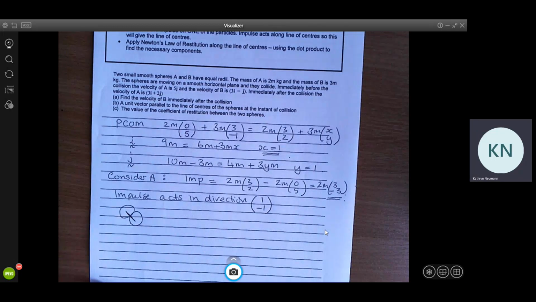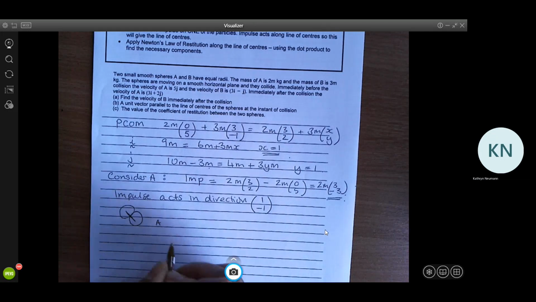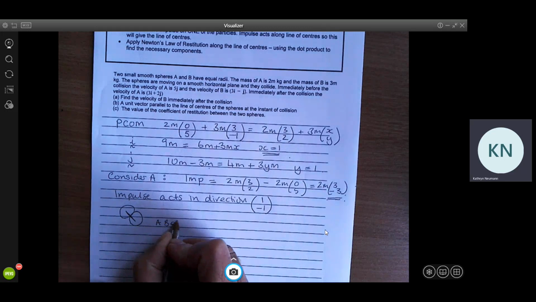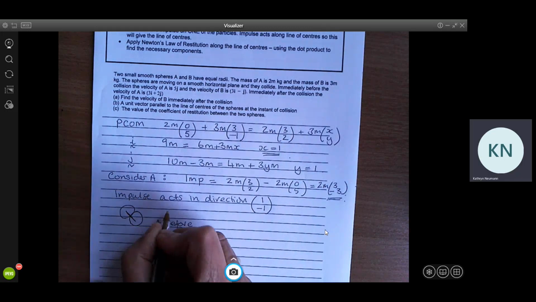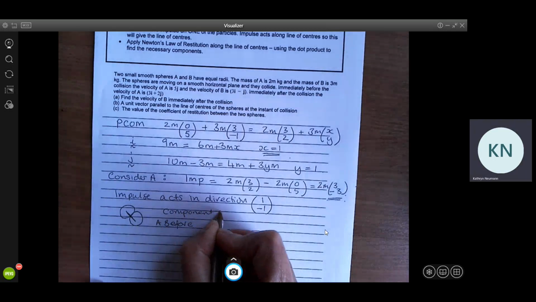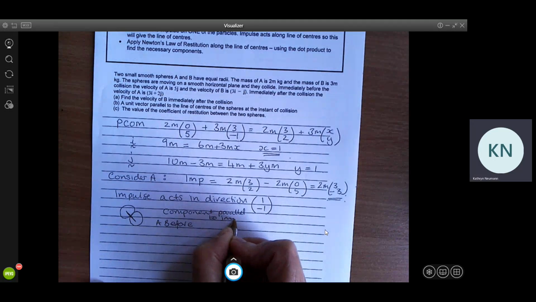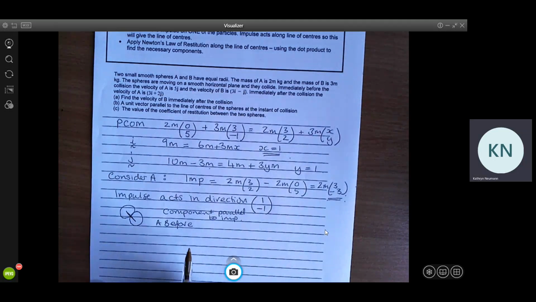What I want to do now is find the component of each particle parallel to the impulse. So for A, before, the component parallel to the impulse is (0.5, 3).